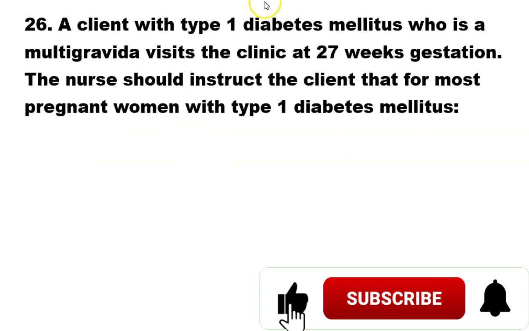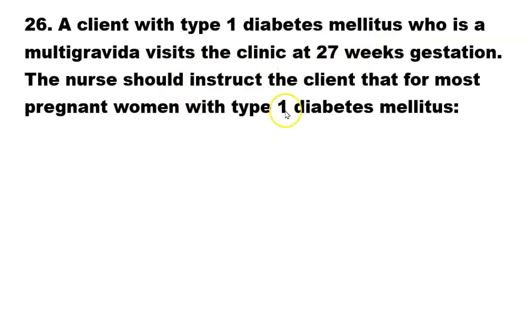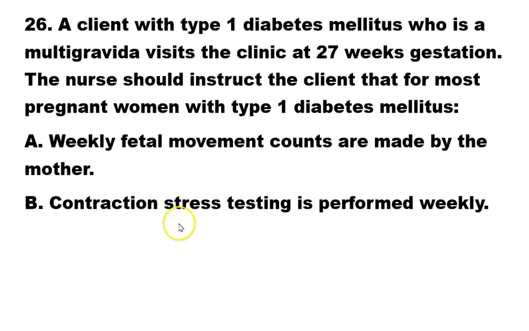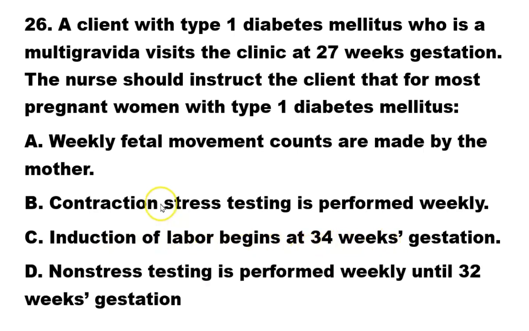The next question. A client with type 1 diabetes mellitus who is multigravida visits the clinic at 27 weeks of gestation. The nurse should instruct the client that for most pregnant women with type 1 diabetes mellitus, A. Weekly fetal movement counts are made by the mother. B. Contraction stress testing is performed weekly. C. Induction of labor begins at 34 weeks of gestation.